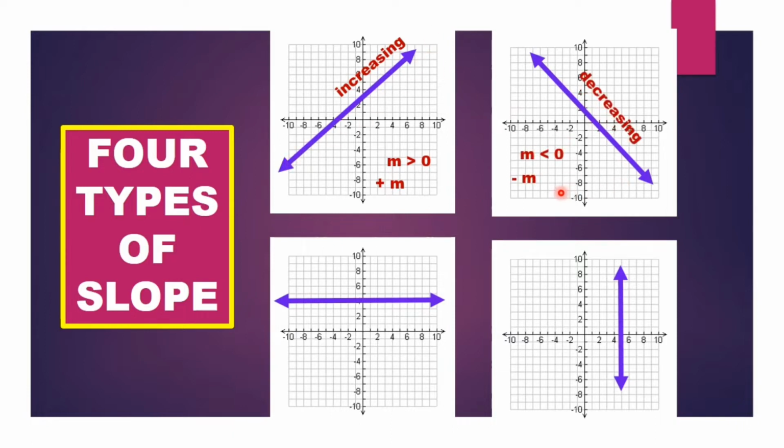Negative slope: the line moves downward from left to right. Zero slope: the line is horizontal. Slope is undefined if the line is vertical.